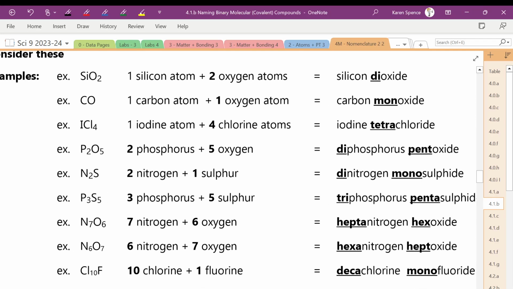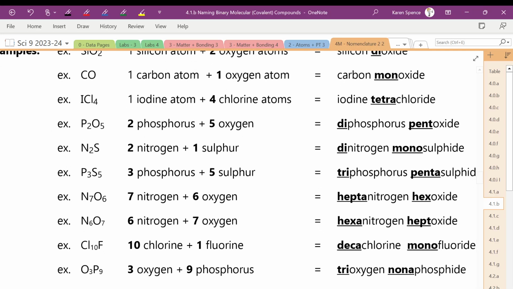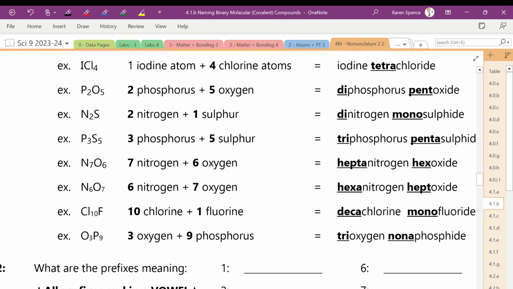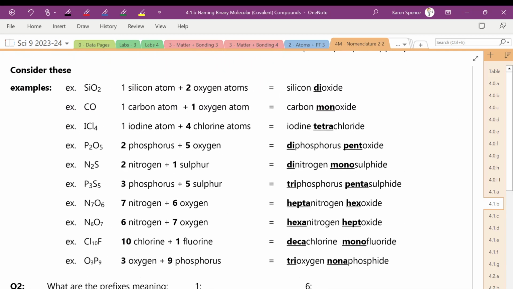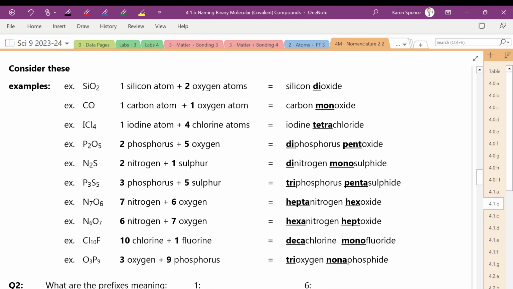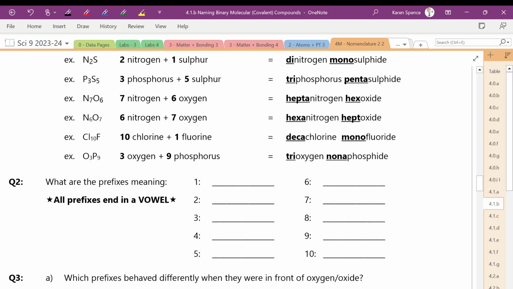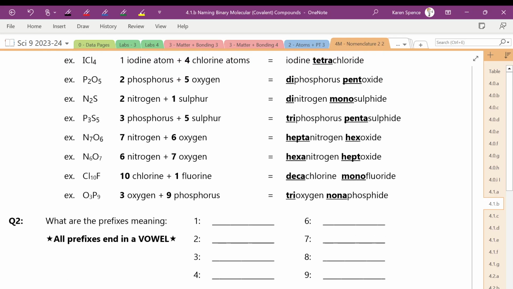There's a whole bunch more examples here. What I'd like you to do is look through these examples and see if you can answer the questions. What are the prefixes meaning 1, 2, 3, 4, 5, 6, 7, 8, 9, 10?